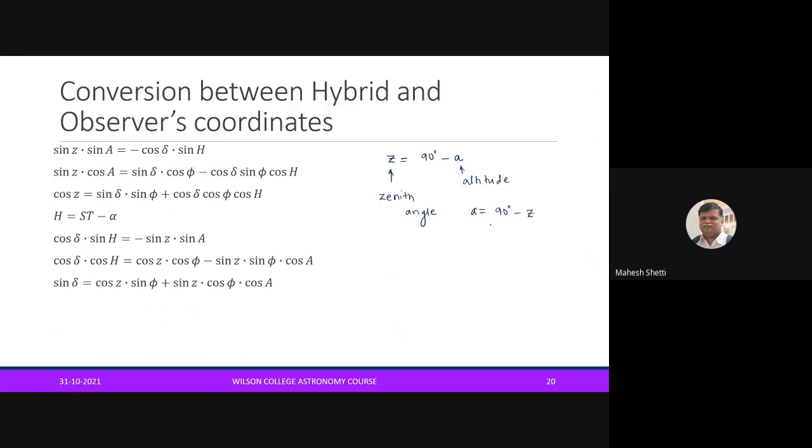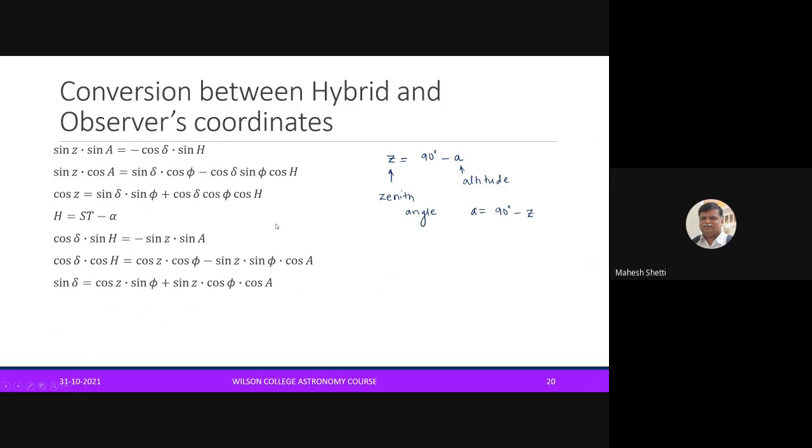Both are equivalent. If zenith angle is say 100 degree, the altitude is going to be 90 minus 100, so it will be 10 degree below horizon. If zenith angle is more than 90 degree, the object is below horizon. If zenith angle is between 0 to 90 degree, the object is above horizon.